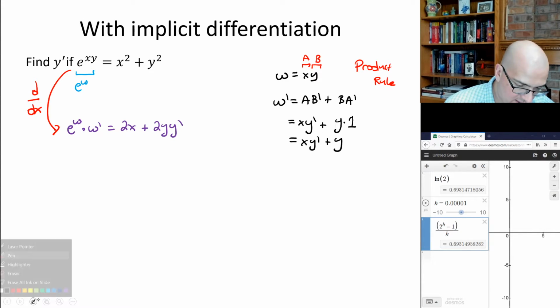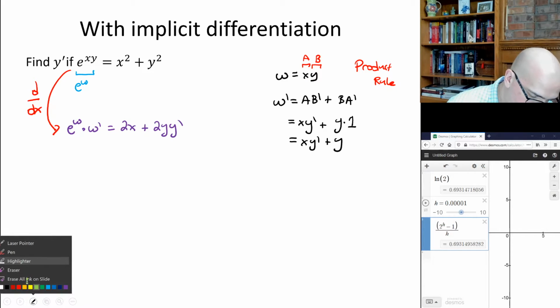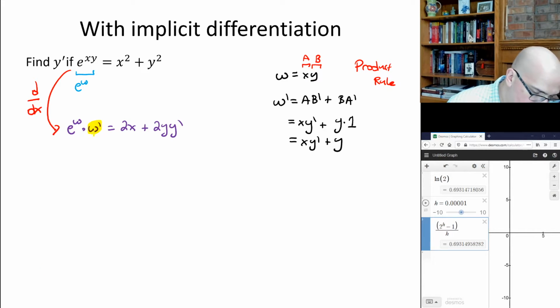Now I'm going to take that and substitute it in over on the left-hand side. So we're going to take all this stuff and sub it into the expression over on the left-hand side.